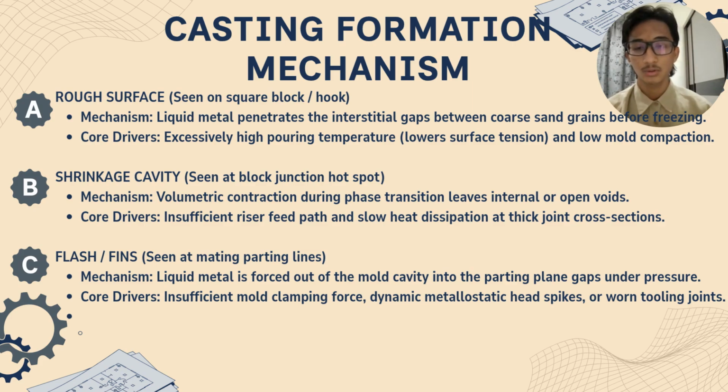Flash fin happens in both processes, CO2 molding and green sand. We can call flash fin an extra fin that is forced out of the original shape. How it happens is different for green sand and CO2 molding. For green sand, it probably happens because the liquid metal is forced out under metallostatic pressure.